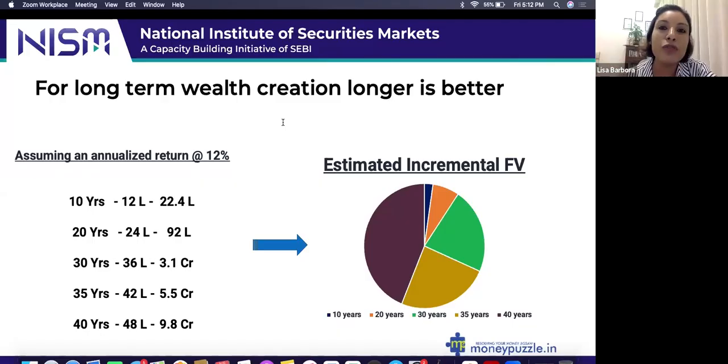Ideally, unless your mutual fund scheme is beating the benchmark, it is not doing well, right? Because your option is that you can invest in a passive fund which is tracking the benchmark. So if your mutual fund scheme is not even beating the basic benchmark, why would you pay a fee to the active fund manager? That is the bare minimum that a mutual fund scheme has to do. It's performing well if it is beating the benchmark.